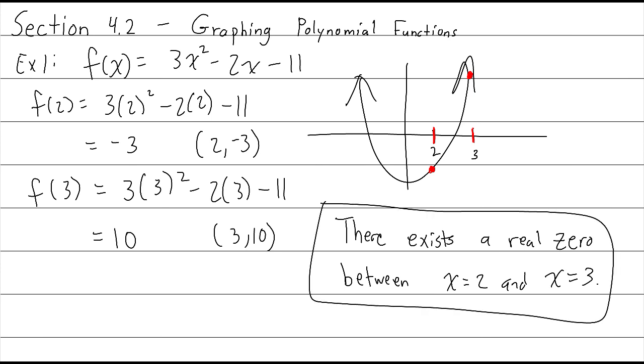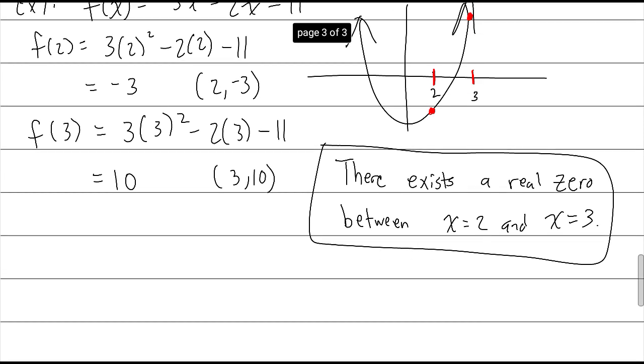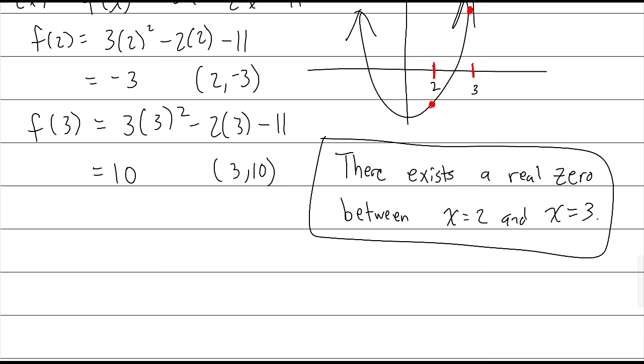Well, what we just did is called the intermediate value theorem. It's a method of plugging in 2 values where you think there might be a real zero or an x-intercept between them. You plug them both in, and from there you determine positive or negative. If there's a positive and a negative, then you could say, oh, okay, it had to have crossed the x-axis in between those 2.